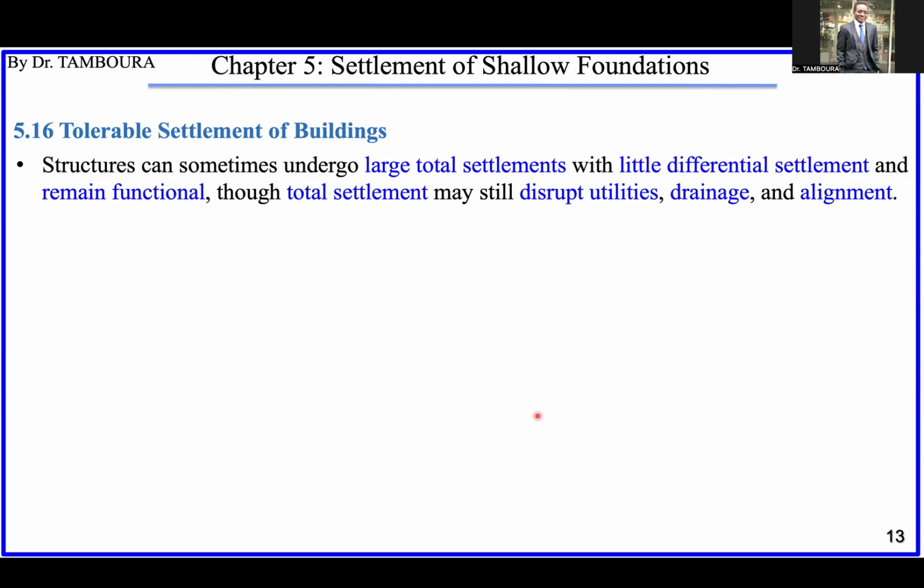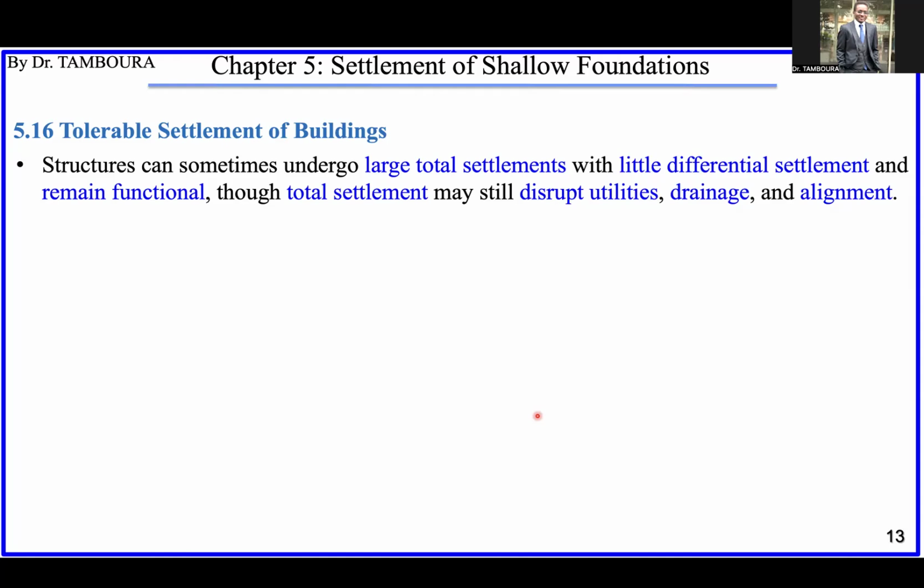So some structures also can experience large total settlement with little differential settlement. So that is the first slide, maybe the first photo we showed here, where the building is going down together. The differential settlement is very small, but the total settlement, the whole building is going down as a block together.